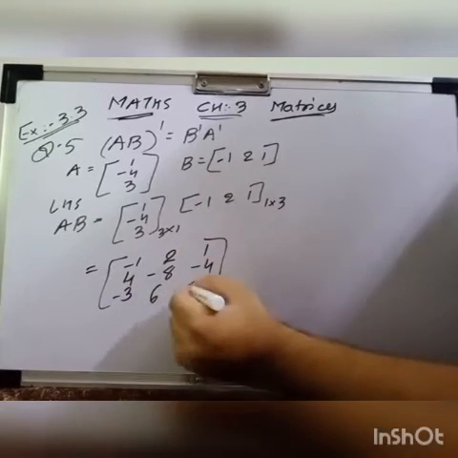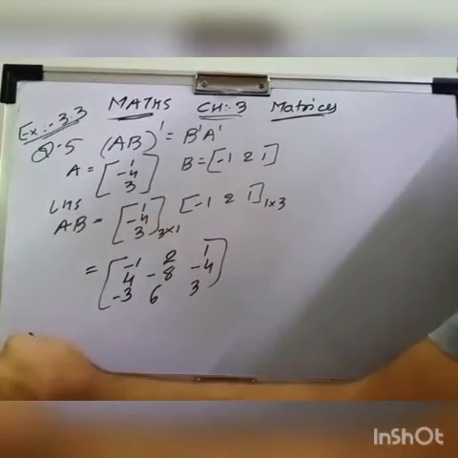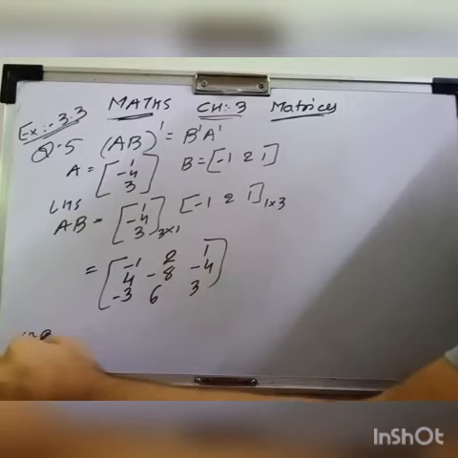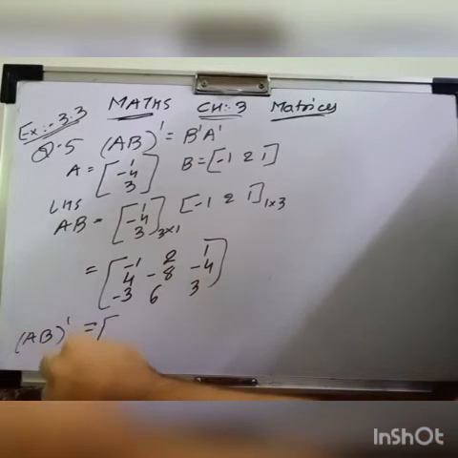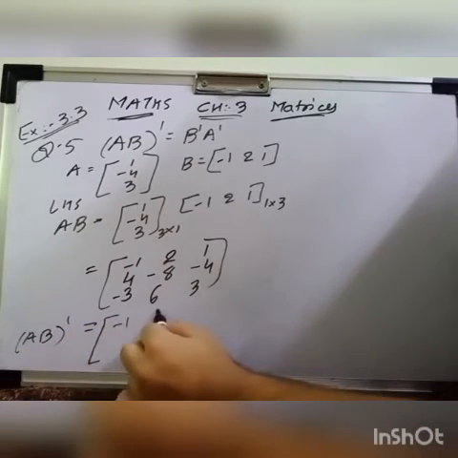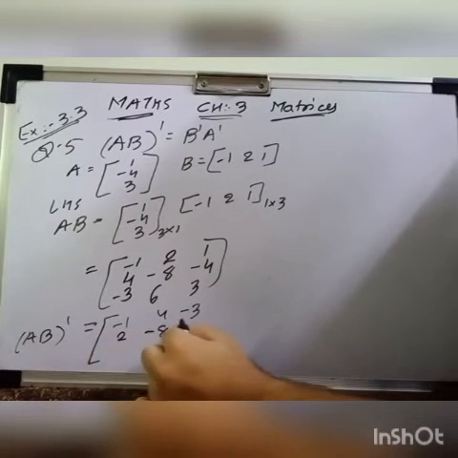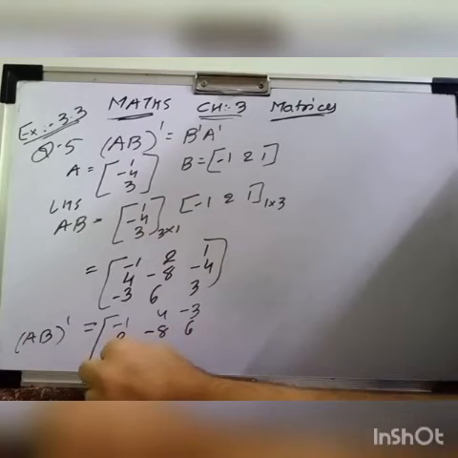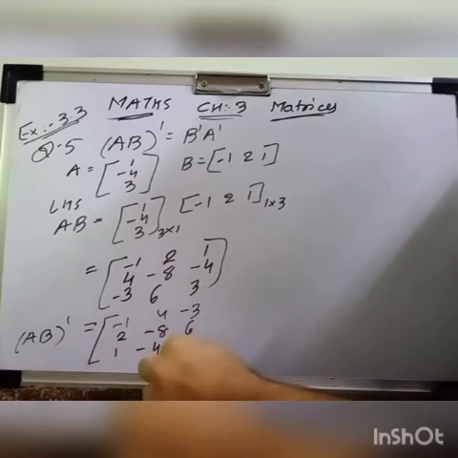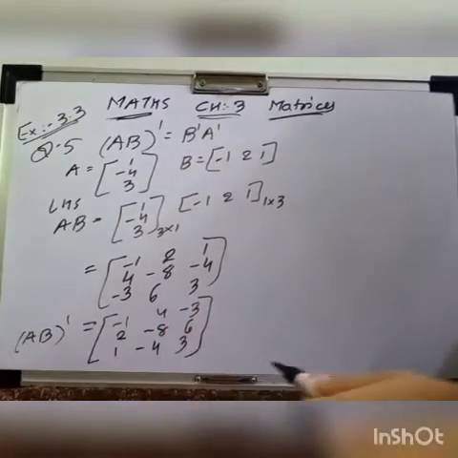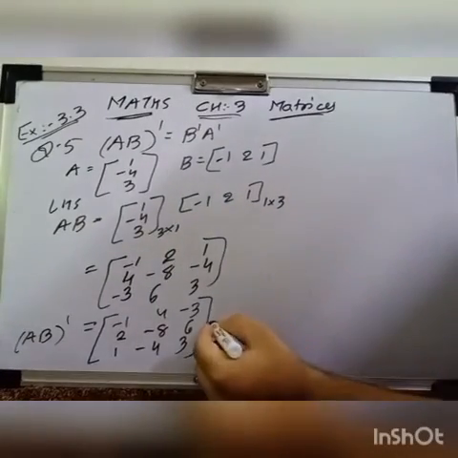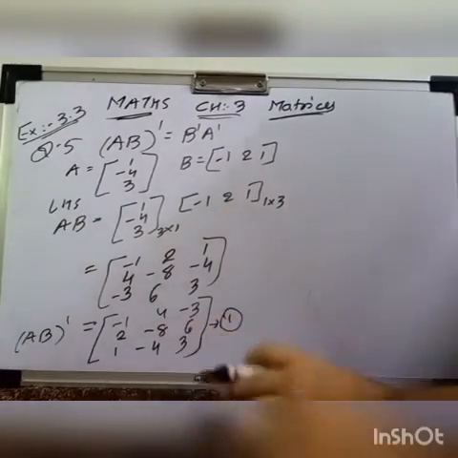So this is my answer. And if I take transpose of this, then A into B whole transpose is minus 1 4 minus 3 2 minus 8 6 1 minus 4 3, right? This is my result. Give this as 1. We'll compare.